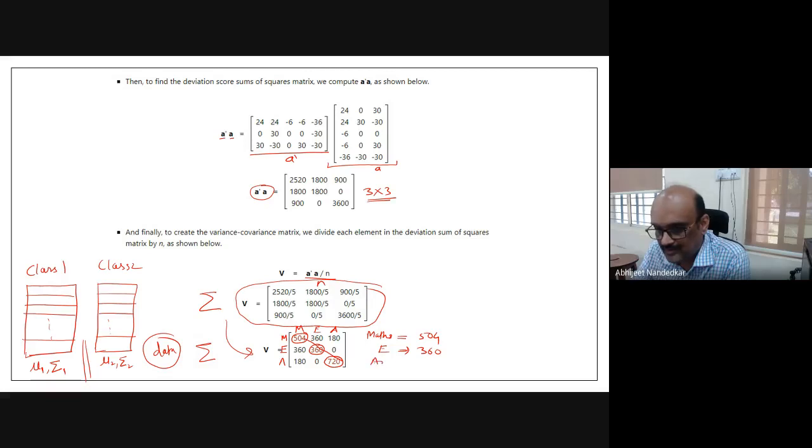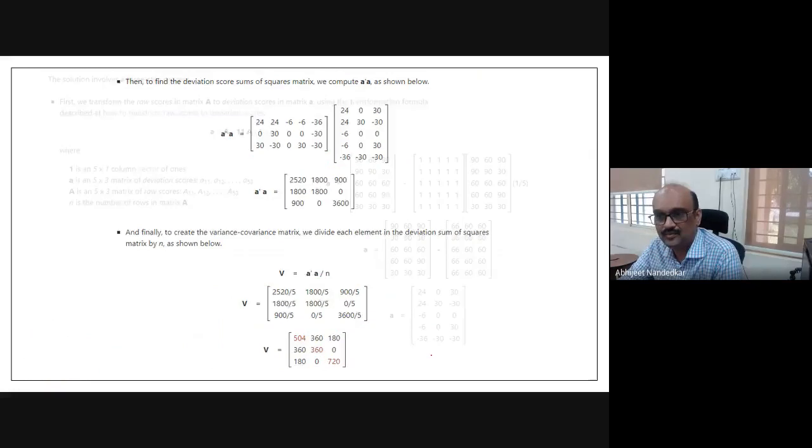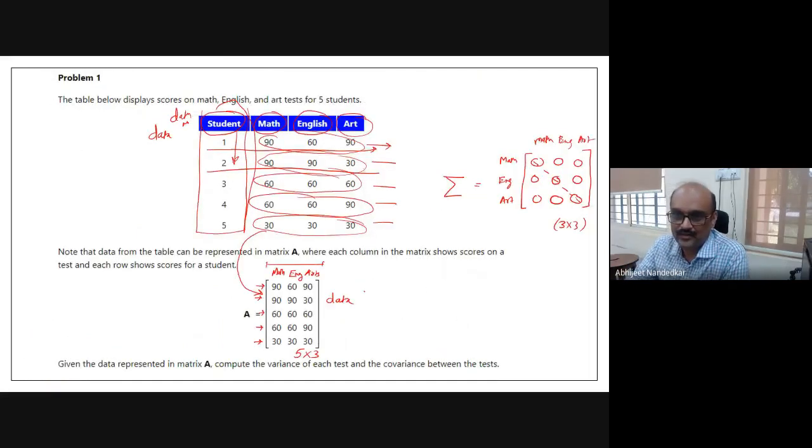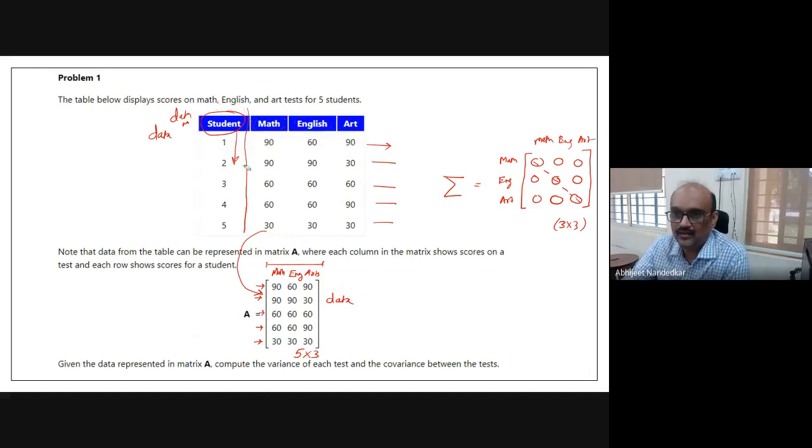Variance for arts is 720. So you can see there is the highest variance for arts. So marks in arts are spread over quite a good range. We can confirm this by looking into our data. You can see that 90 to 30 is the range for arts. Okay.